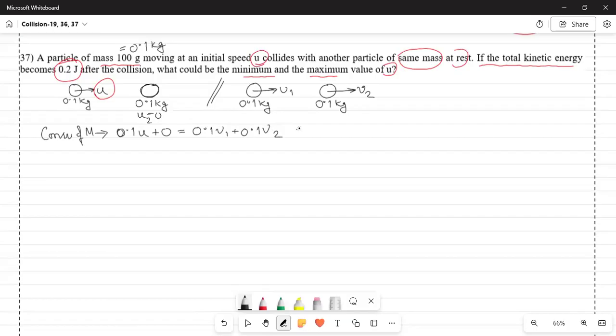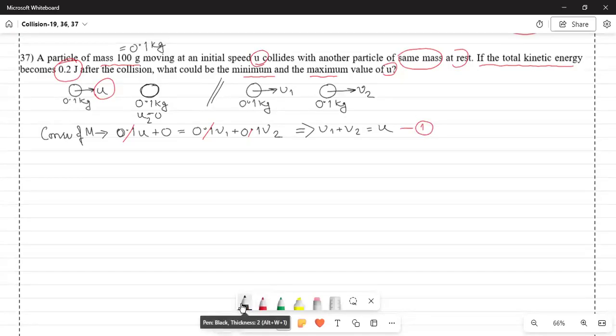From here, we clearly get that v1 plus v2 is equal to u, as all this 0.1 gets cancelled. This is one relation we have got, let us say this is equation 1.